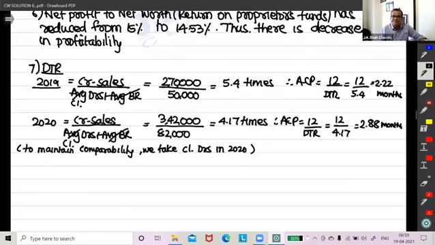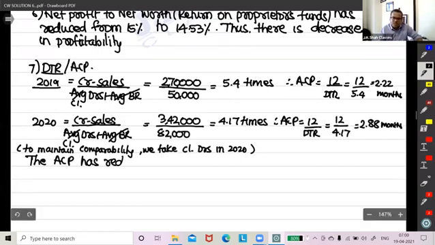Okay, so right. The average collection period has reduced from 2.22, has not reduced, sorry, has increased.